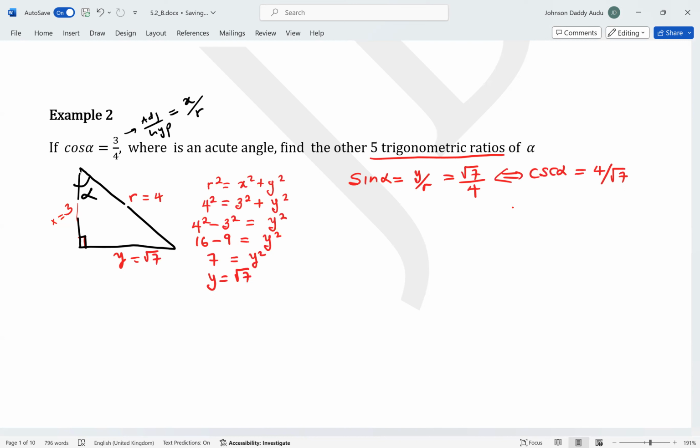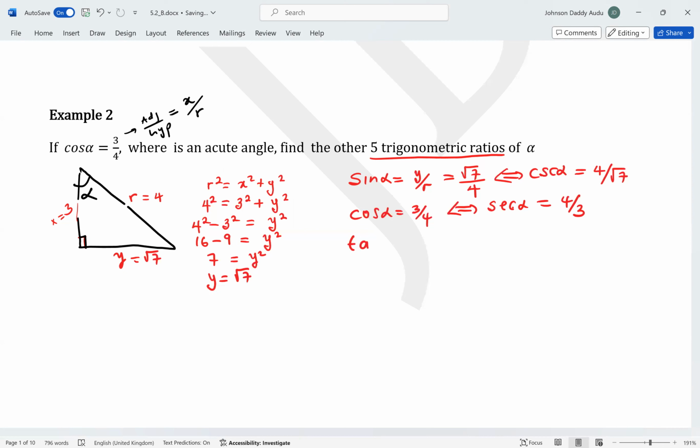Since we already have cosine alpha to be 3 over 4, we can get sec alpha, which is 4 over 3.